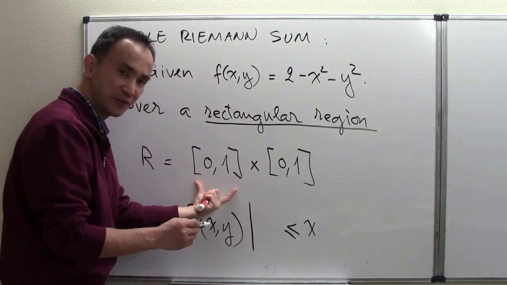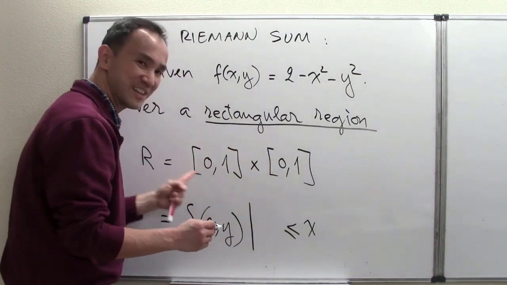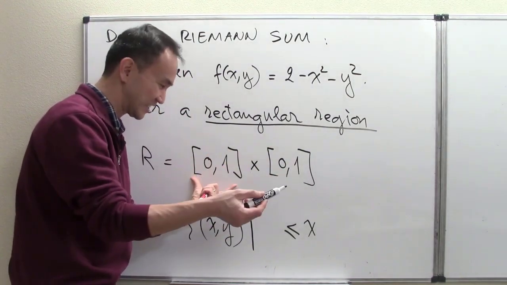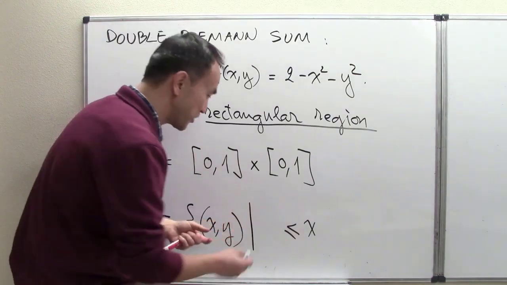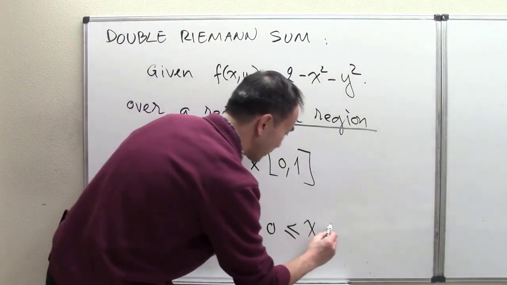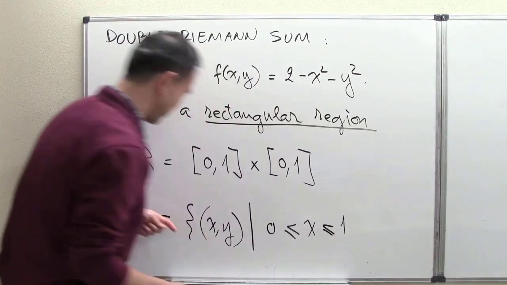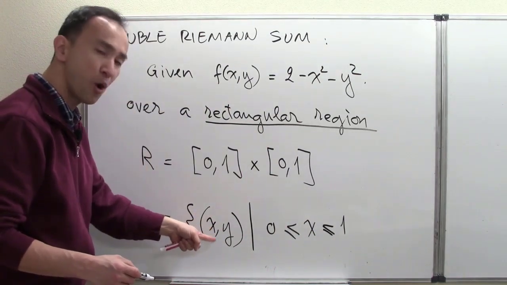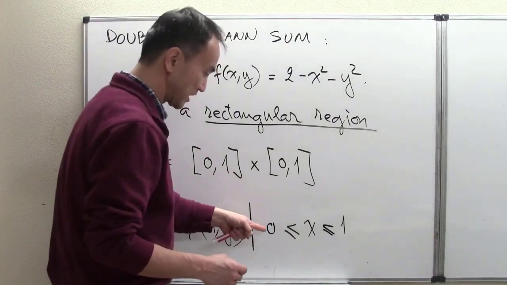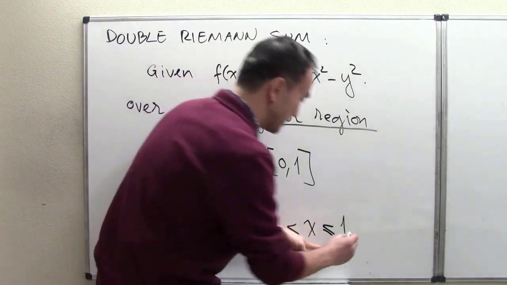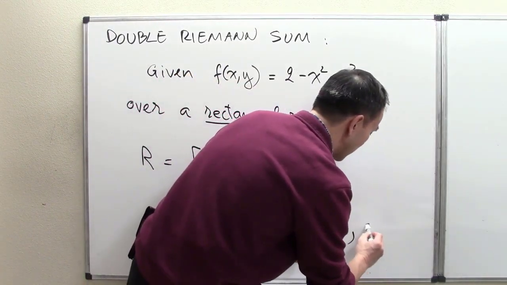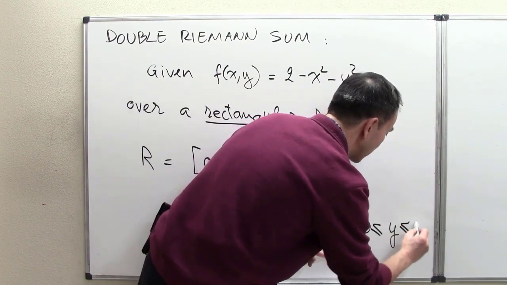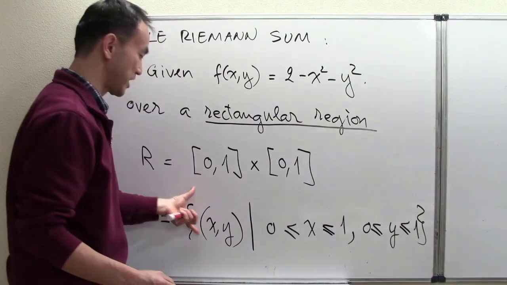The first part of the notation is a closed interval on the x-axis. So in set builder notation, x is anywhere from 0 to 1. This region is the set of all points x comma y satisfying that x is anywhere from 0 to 1, and the y value is also anywhere from 0 to 1. And that's how we understand this region.